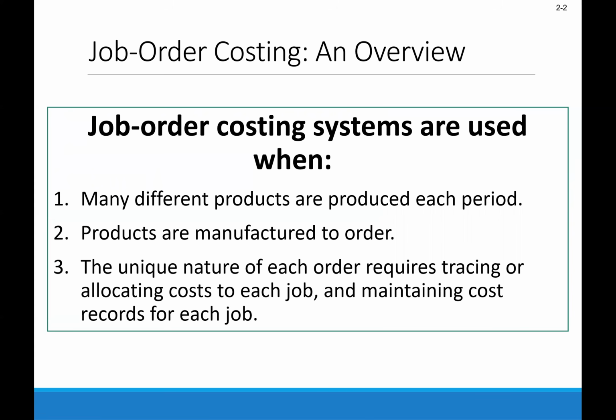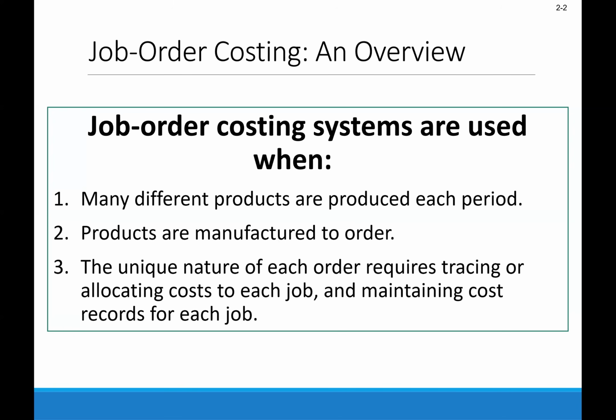Because of the unique nature of each order, it requires a company to really track the cost to each job and to maintain specific cost records for each job.